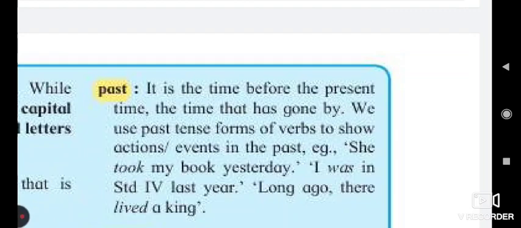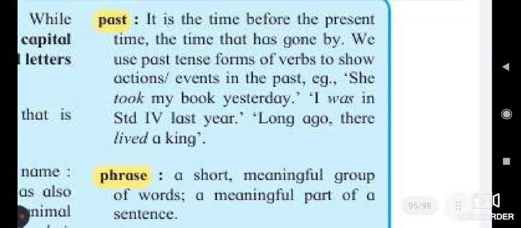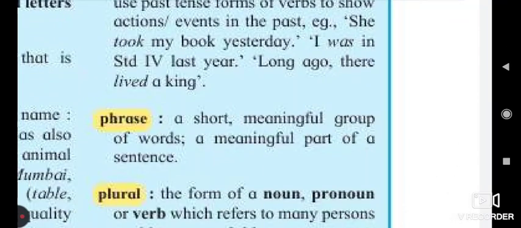I was in standard 6th last year. Long ago, there lived a king. Such sentences show us the tense of the word, that is past tense. Next is phrase, a short meaningful group of words, a meaningful part of a sentence.